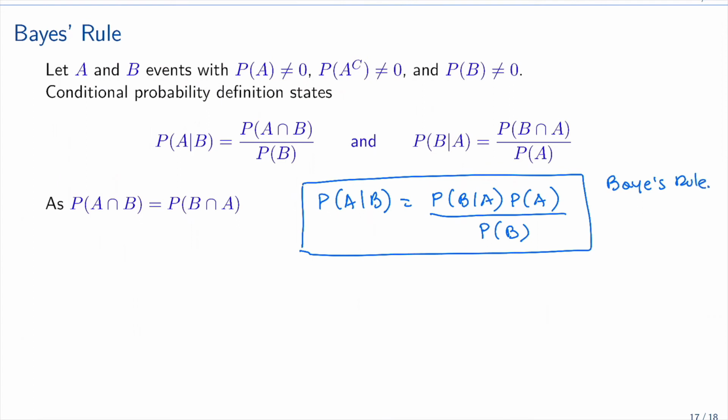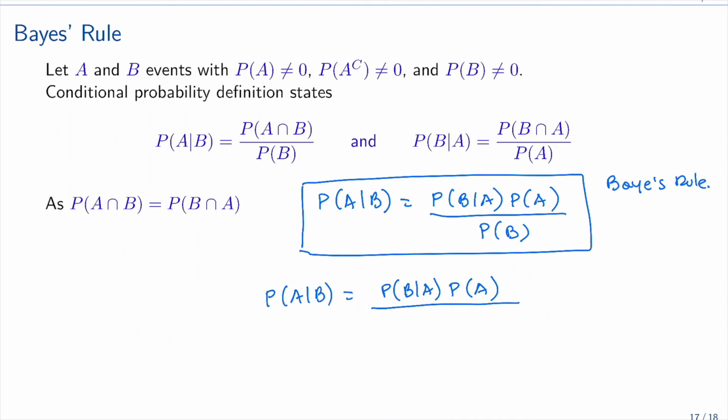We can also rewrite this a little bit in terms of the law of total probability, and we can use that law to rewrite the probability of B. So the probability of A given B is equal to the probability of B given A multiplied by the probability of A, and we can express the probability of B using the law of total probability.